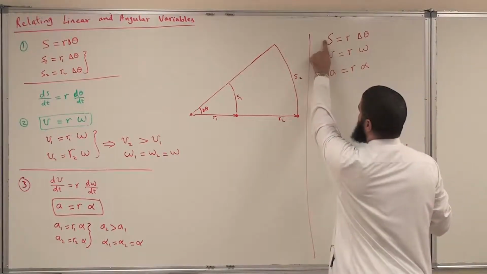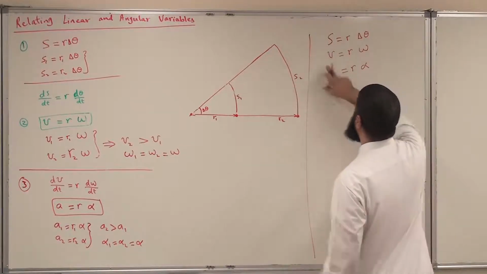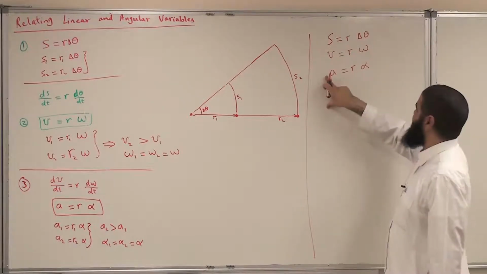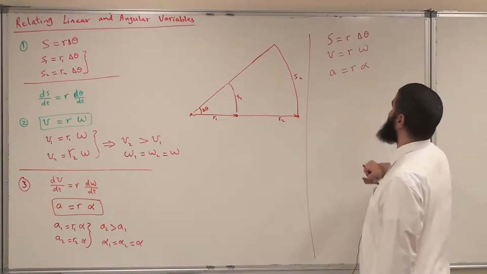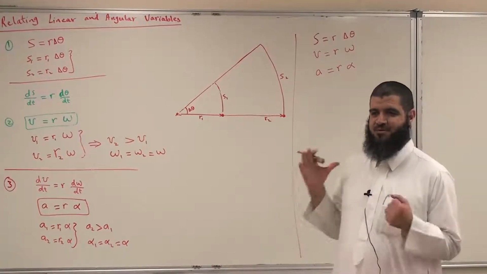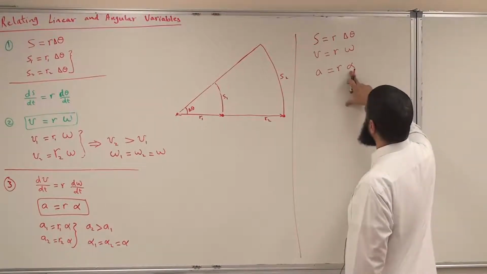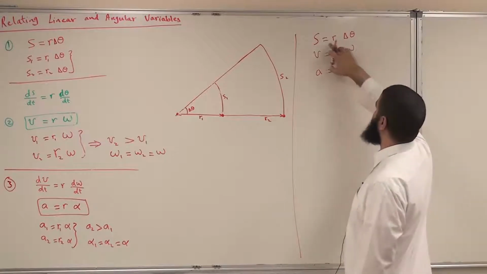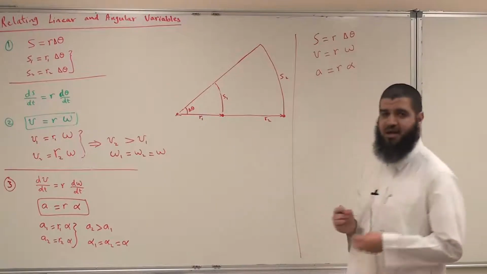This is linear displacement covered by a rotating point in my object. This is V, linear velocity, and this is the linear acceleration, equals R, which is how far my point is from the axis of rotation. Please don't say that this R is a radius. Forget about the radius now. This R is how far your point is from the axis of rotation, and it is multiplied by the angular quantity. Here multiplied by angular displacement, angular velocity, and here angular acceleration.